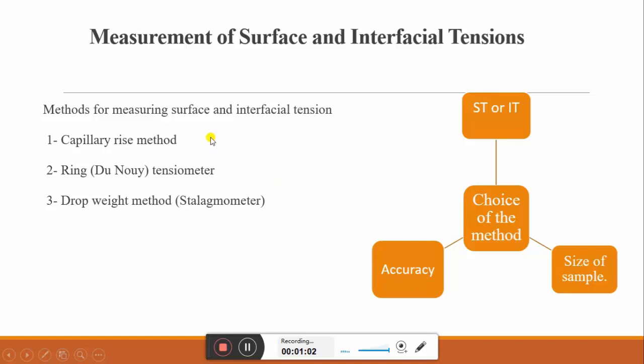The first one is the capillary rise method, which can be used for measurement of surface tension only. Another is the Ring-Dunoyer tensiometer, which can measure surface tension as well as interfacial tension. And the last one is the drop weight method or drop volume method, which is also called the stalagmometer method.